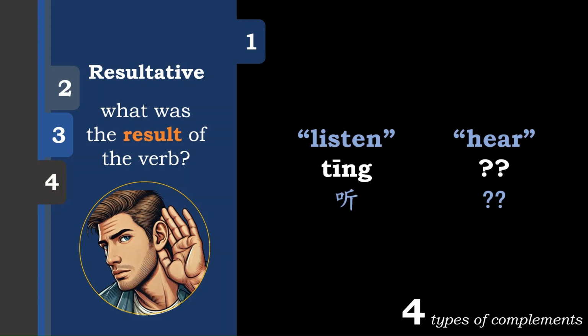Now, just to re-emphasize the point, in English, there are two separate, distinct words for the action listen and for the result hear. But in Chinese, the word for the action listen is ting, but there is no distinct standalone word for the result hear. Instead, a resultative complement is used to make that distinction.